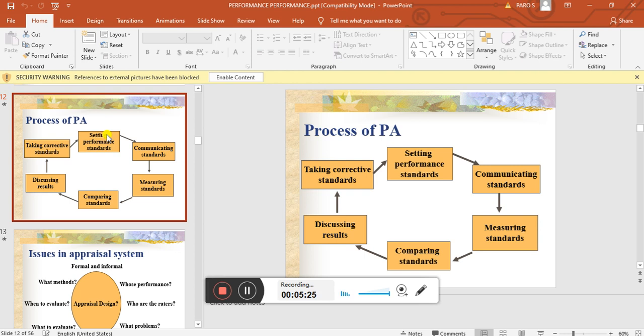Then after a certain fixed amount of time, we have to measure their performance. We have to compare it, to see whether they were able to achieve those standards or not. Then in this performance appraisal, we have to discuss the results. Then accordingly, we have to take corrective actions.